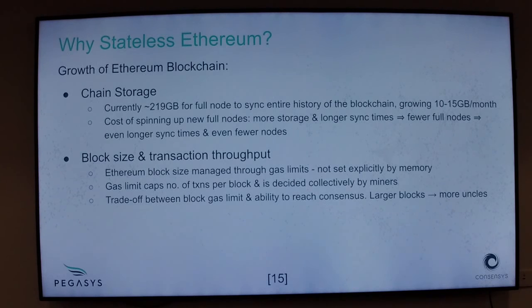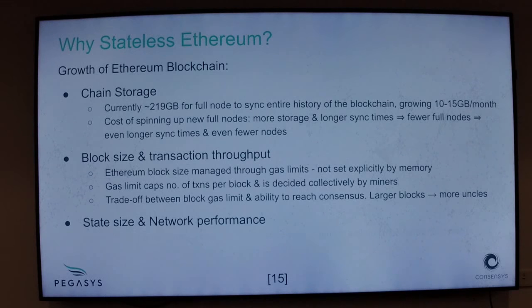So there's a trade-off that needs to happen between the block gas limit and the ability to reach consensus, because with larger blocks we might end up with more uncles being produced, so still valid blocks, but unable to get around the network quickly enough.